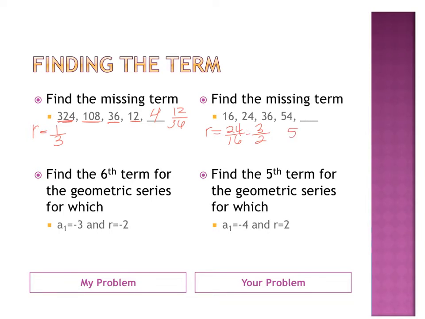And then I can multiply 54 times 3 halves to get my next term, which is 27 times 3, 81. Where did I get 27 times 3? I divided the 54, because it's even, by the 2. 54 divided by 2 is 27. 27 times 3 is 81. Of course, you can do that in your calculator.